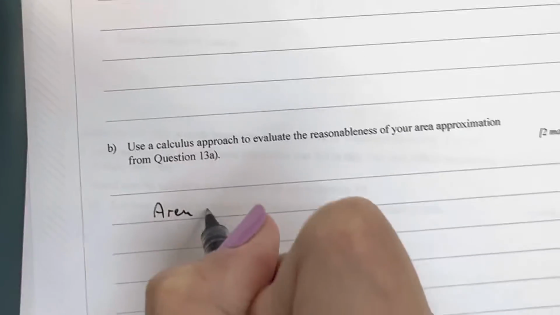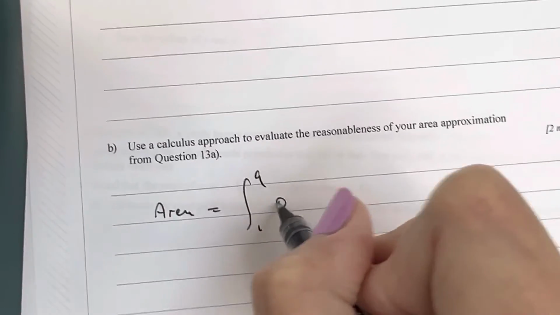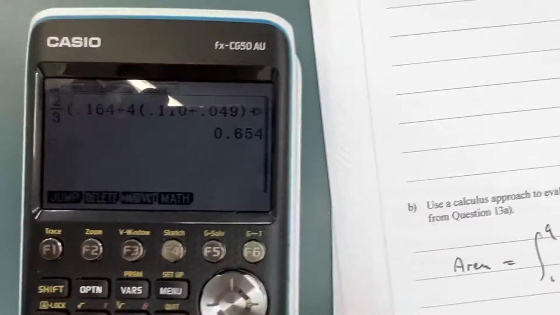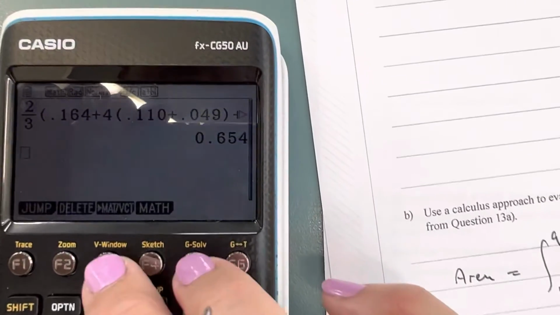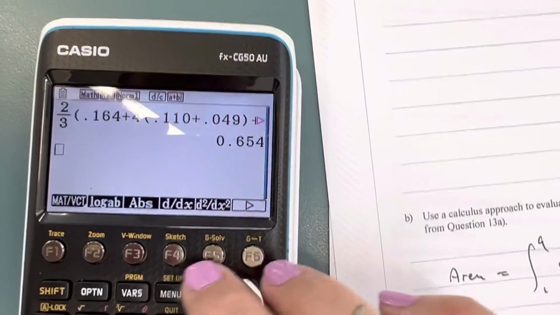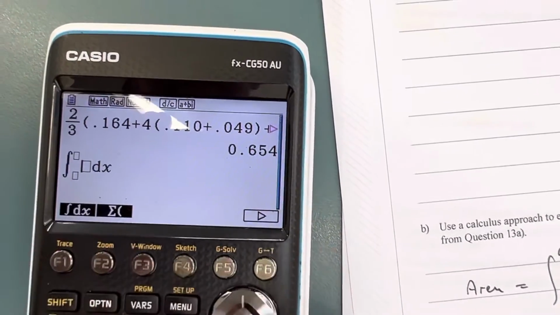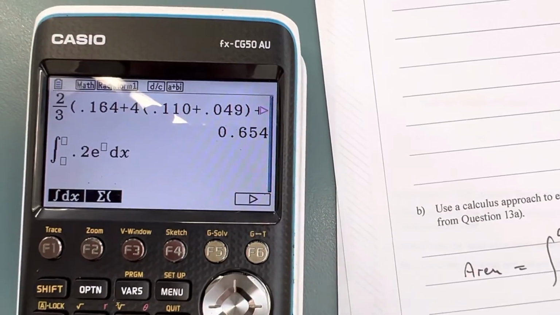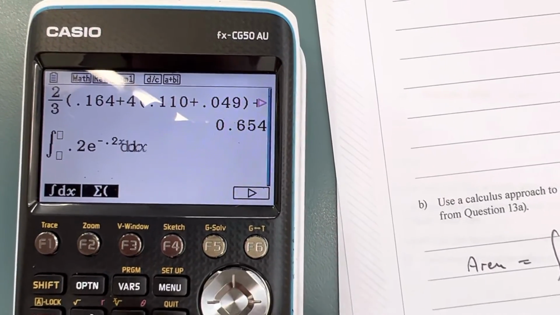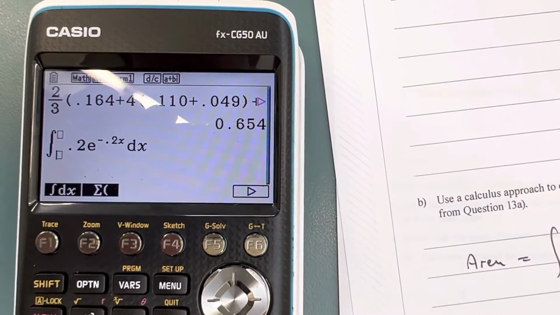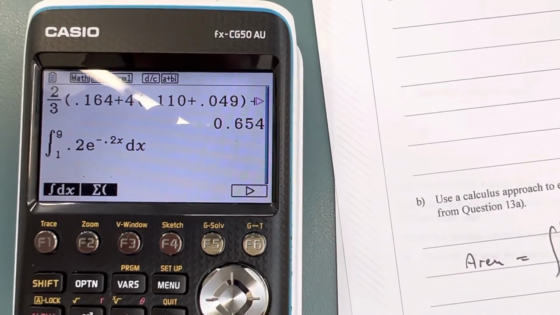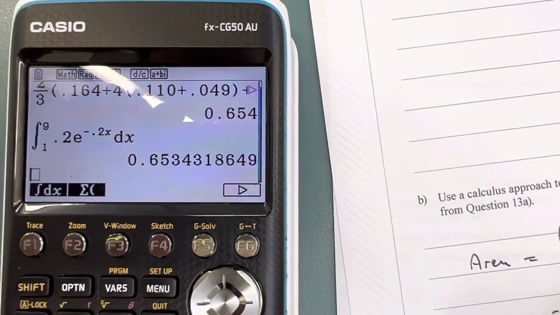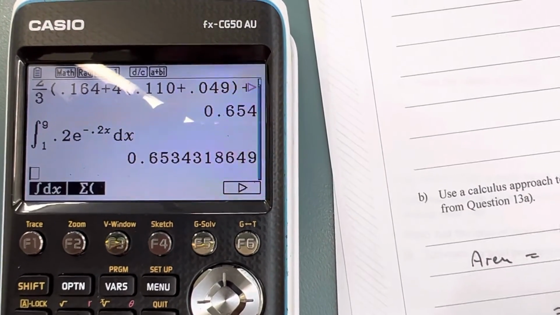Calculus: area from 1 to 9 of 0.2e^(-0.2x) dx. So I'm going to go math, integral, 0.2 shift e, negative 0.2x from 1 to 9, which gives me 0.65343.